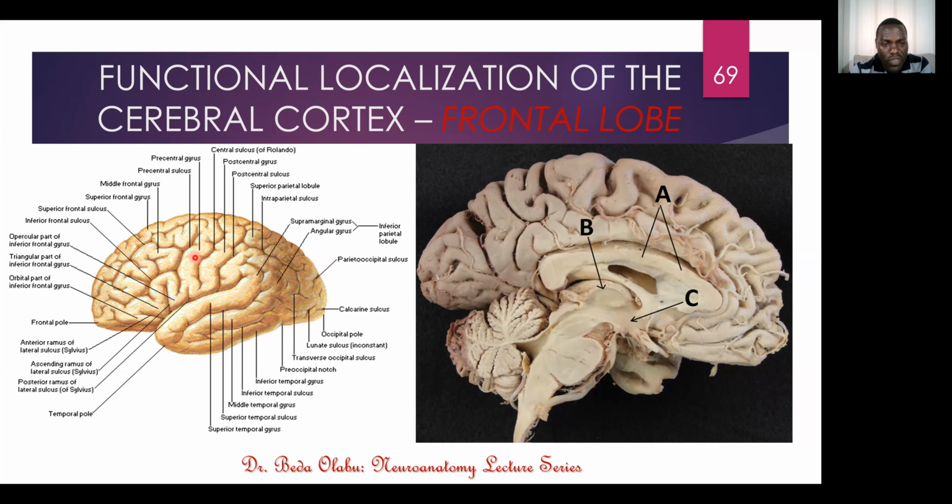Now look, if this is the central sulcus, we can see that there's another sulcus running almost parallel to it, but anterior to it. I'll try as much as possible to ignore the names of the sulci so that the disk space remaining in your head will be adequate enough to absorb the names of the gyri.